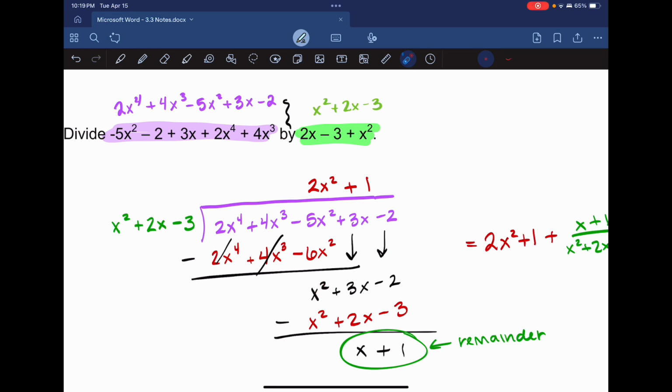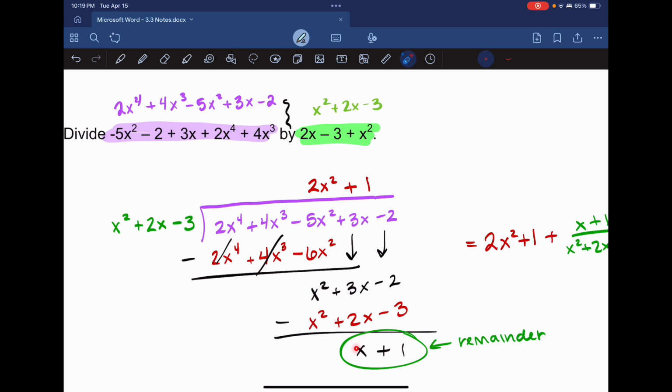Now, this is the only little new part. In the past, we only brought down one of our terms. Okay, but now, because I'm dividing by a trinomial, I need to have a trinomial right here. So I'm just going to bring down both terms. Okay, then I look at my leading coefficient. What do I need to multiply by x squared to get x squared? Well, I need to multiply by 1. So I put a plus 1 up here. I distribute it to everything inside.